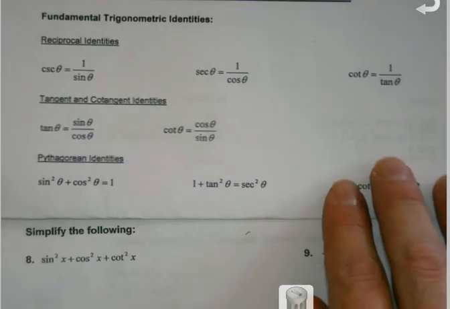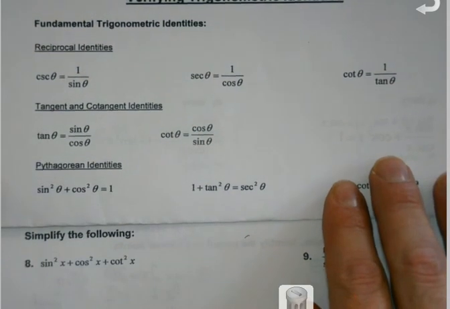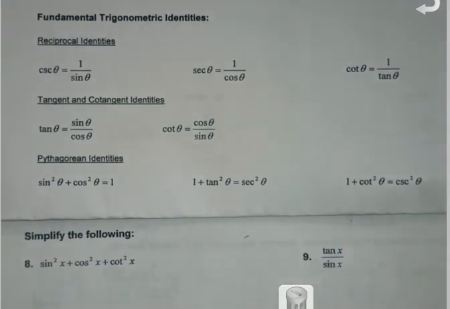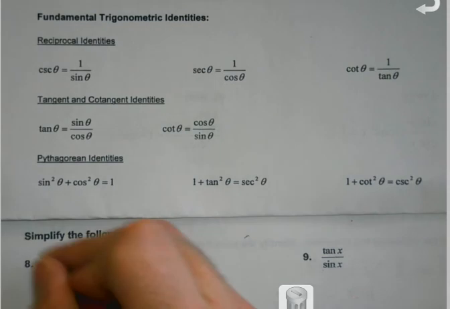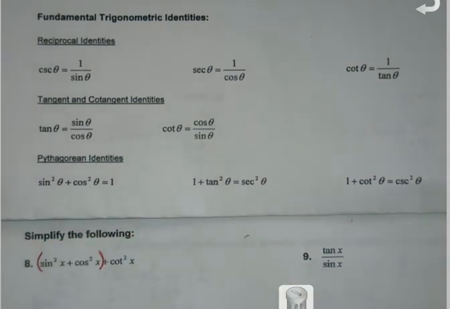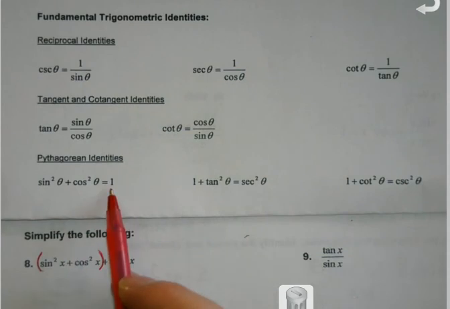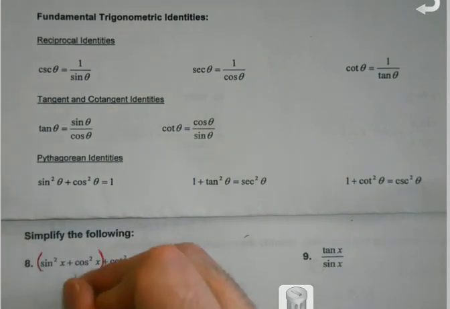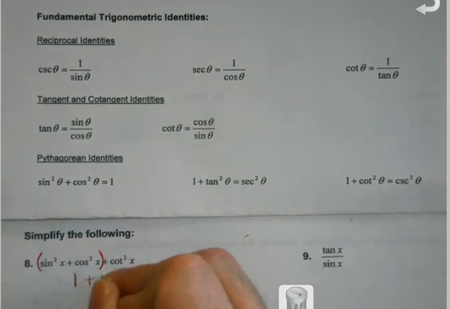Let me do the opposite here and move this down. Ooh, perfect. Wait a minute. Pluses and minuses are usually there for a reason. Sine squared plus cosine squared is 1.